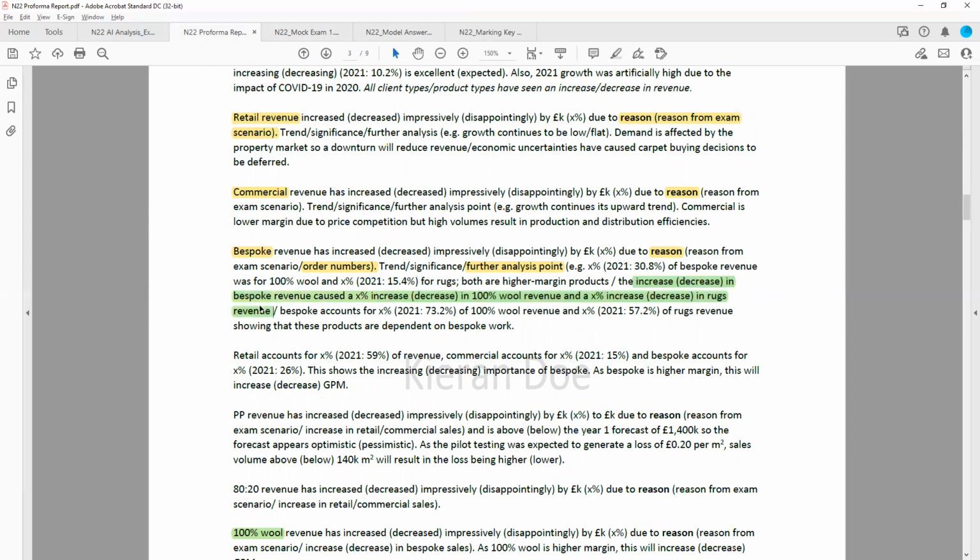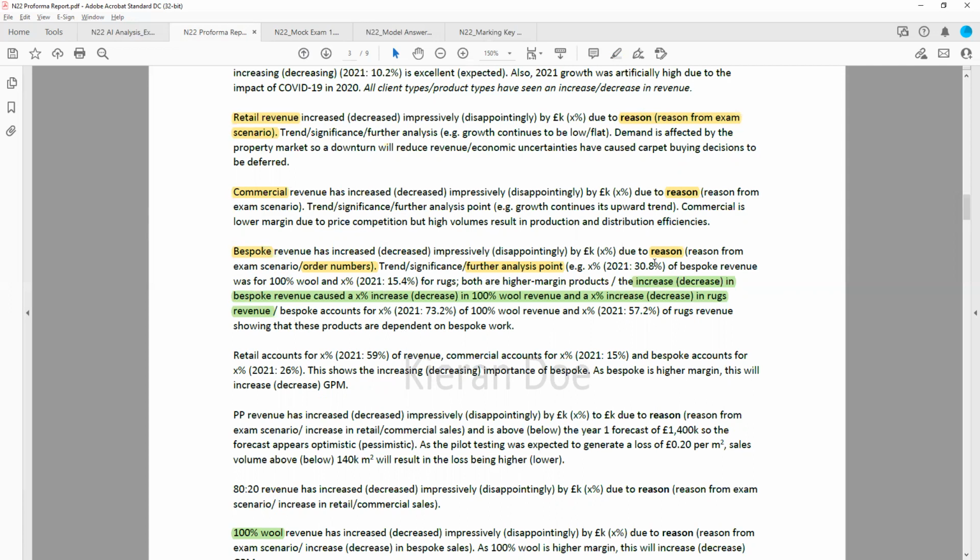I think we'll definitely want to do that, because then we're including what the year-on-year increase is in wool and in rugs, and that's what the requirement did ask for, to look at the year-on-year movement, revenue overall, client type, and product type. So that would be doing it by product type. You can see we're doing a further analysis of bespoke while also doing the movements for those two products as well.